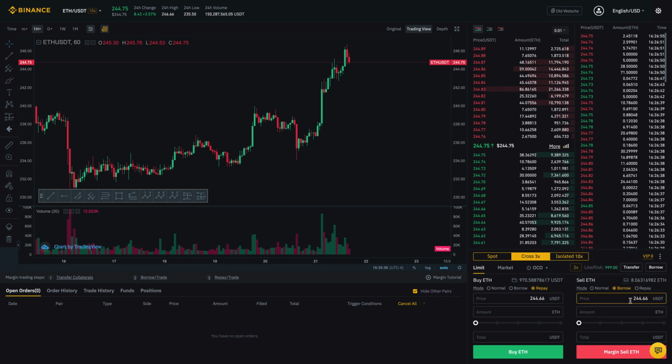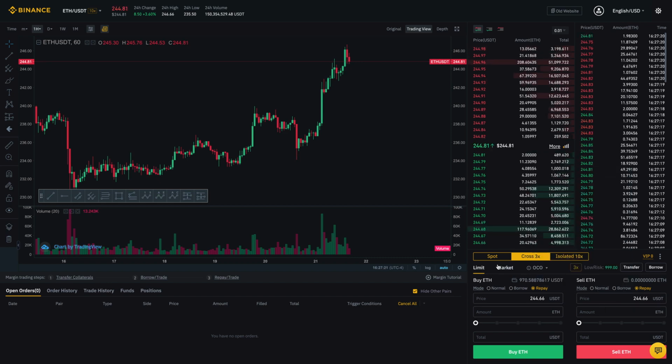And this is more so for short selling, if you want to borrow Ethereum. And then you can also repay it. So let's just say you borrowed some Ethereum, and then you want to repay it. So that's what that option is.